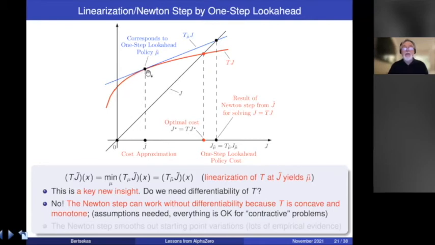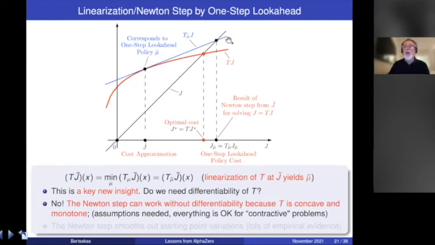Concavity is sufficient because this blue line, in the case of a non-differentiable operator, is just a subgradient. You use subgradients instead of derivatives and gradients. And the important thing is that you have a tangent hyperplane, a supporting hyperplane.